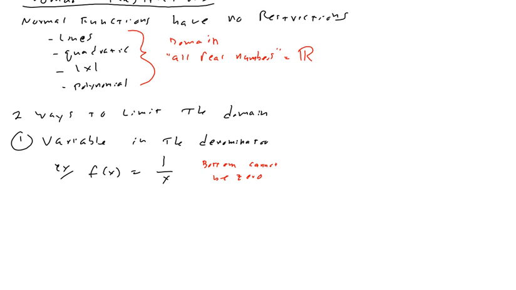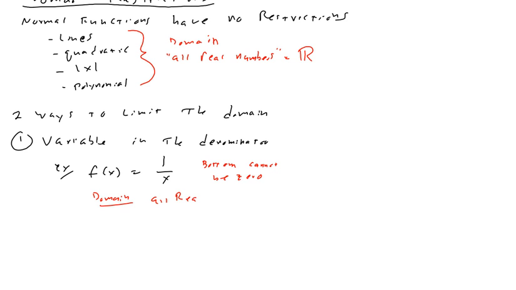So we limit our domain when there's a variable in the denominator. It makes it so we're not allowed to plug in those numbers. So for this function, because the bottom can't be 0, our domain is going to be all real numbers.